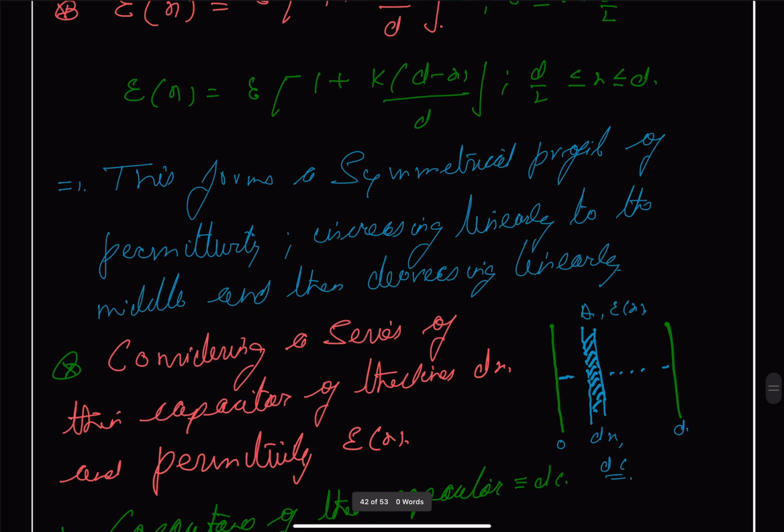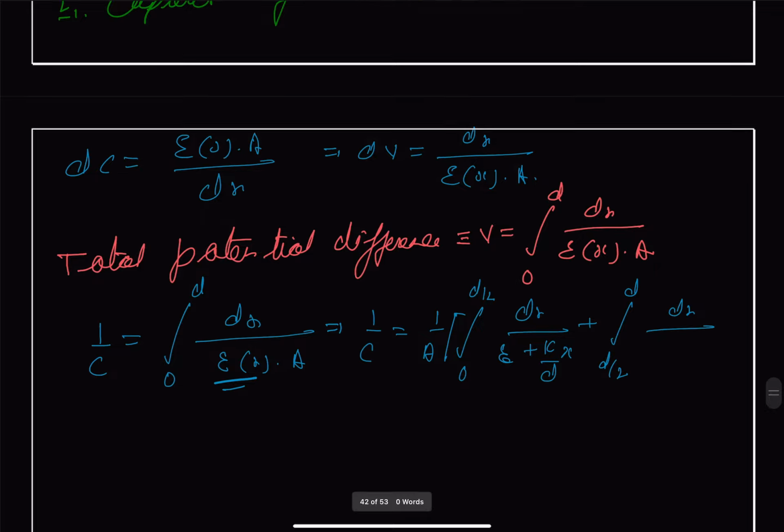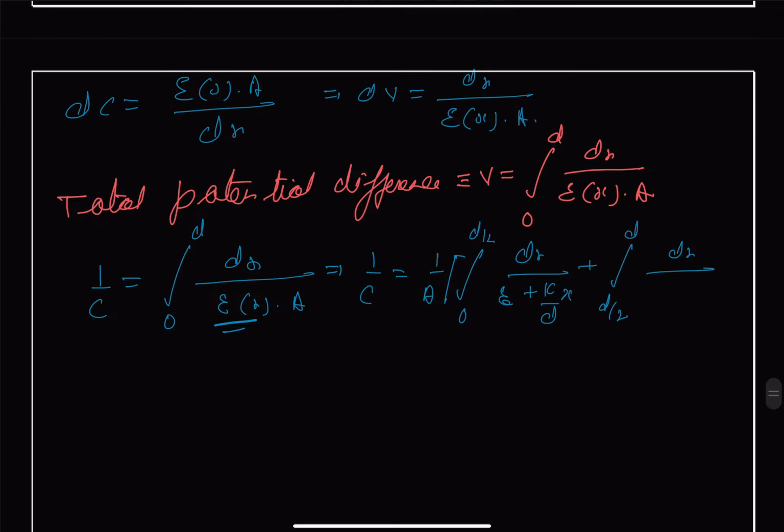This is epsilon naught plus k times d minus x times epsilon naught divided by d.